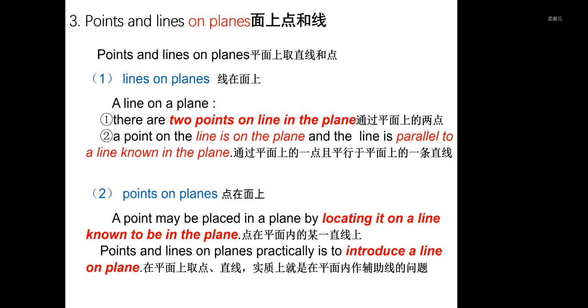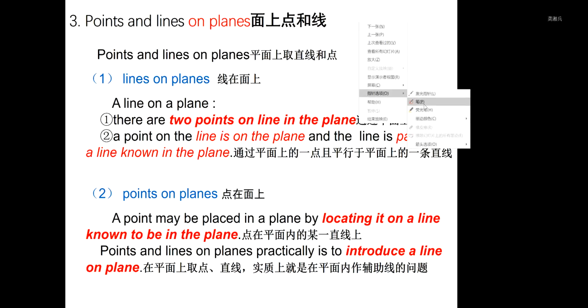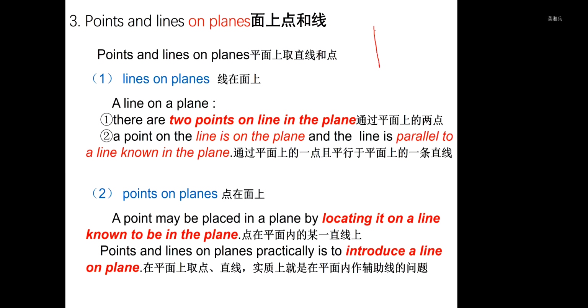In the plane, we can find numerous lines and points. If I have a plane here, you can add any kind of line, and you have any number of points on the plane. Just here is plane P.